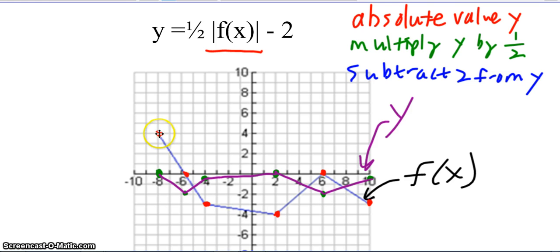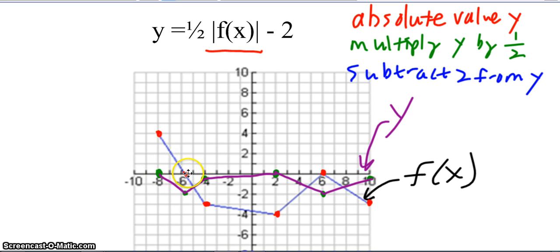So if I look at this point here, this point became this. So first I do the absolute value of y. Well, what is the y value here? It's the 4 to start. The absolute value of 4 is just 4. Now multiply 4 by 1/2. 4 times 1/2 is 2. And then subtract 2 from this. 2 minus 2 is 0.